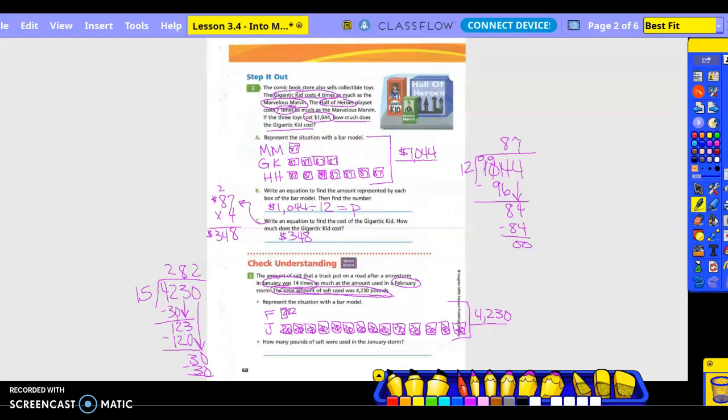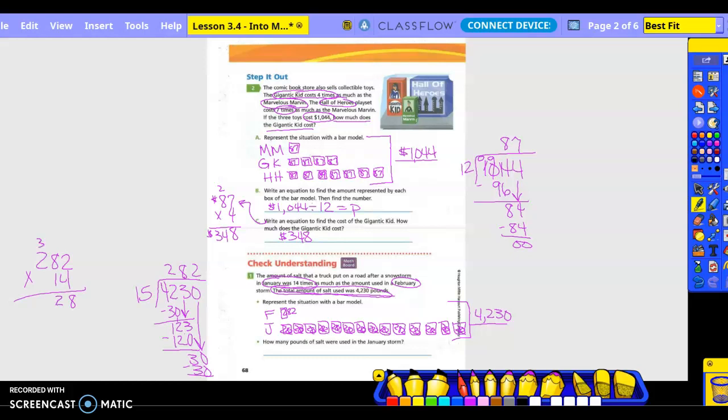Okay, and then they want to know how many pounds of salt were used in the January storm. So am I using the 1 box or am I using the 14 boxes? The 14. So I need to now take 282 times 14. So 4 times 2 is 8. 4 times 8 is 32.